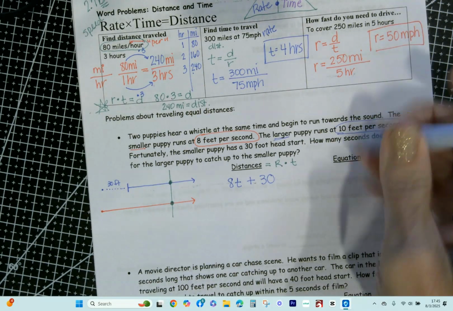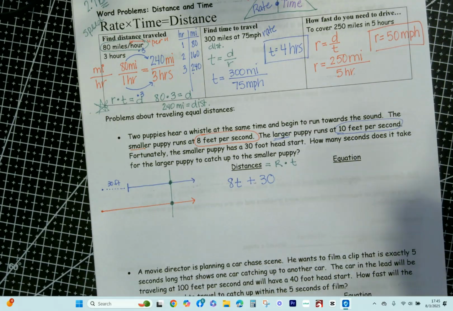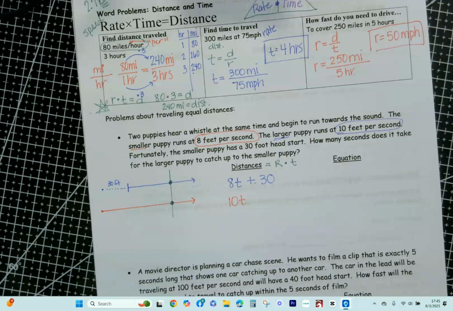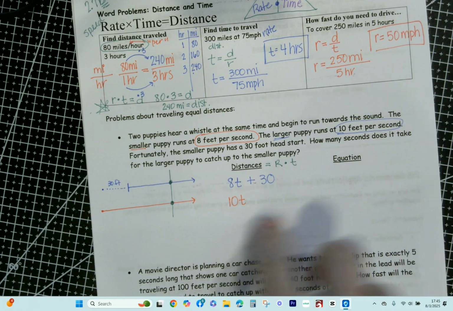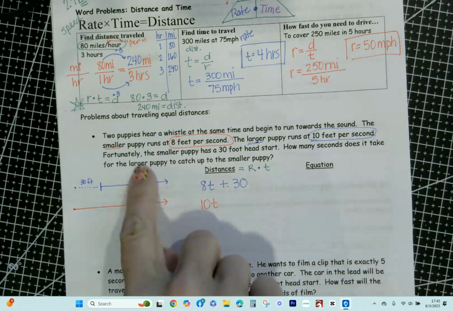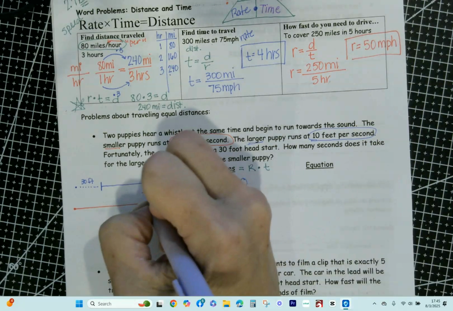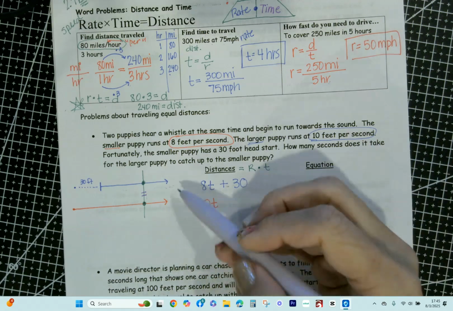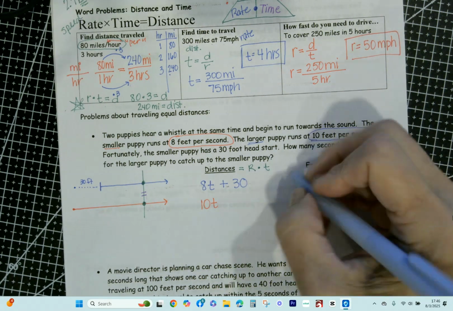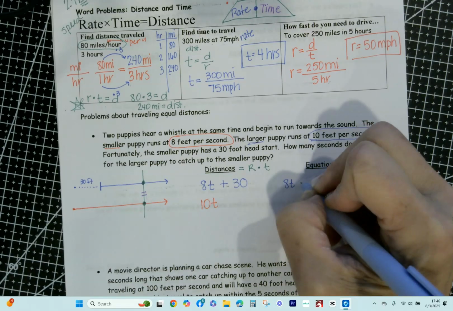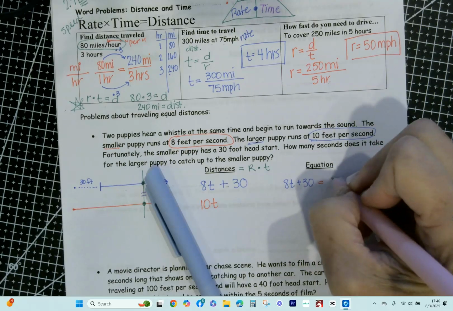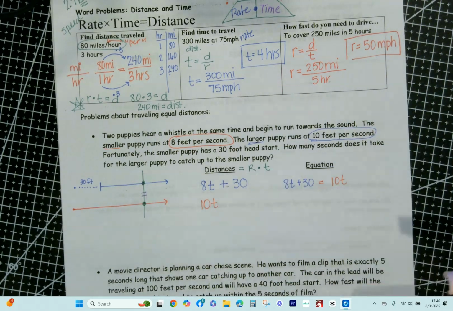And then larger puppy is just 10 feet per second. We want to know when they catch up to each other, when this is equal. So smaller puppy equals the larger puppy. Let's write that down. We have 8t plus 30, and it's going to equal 10t.